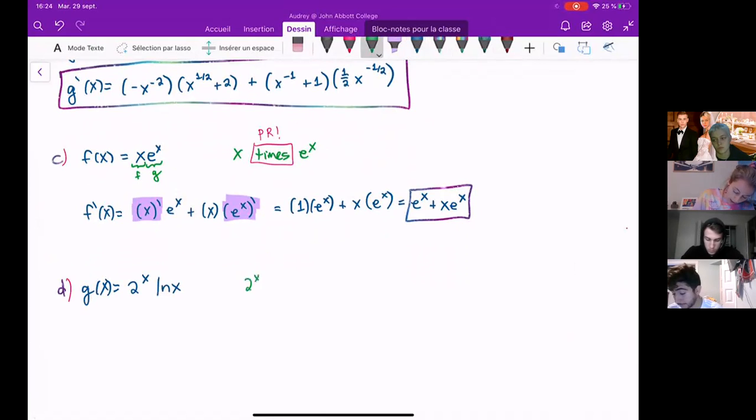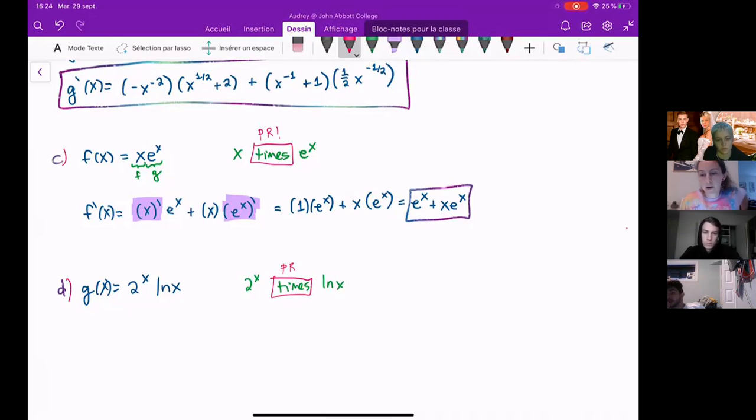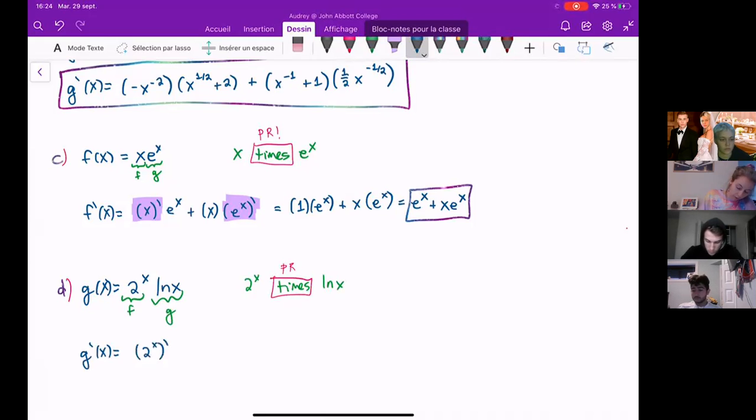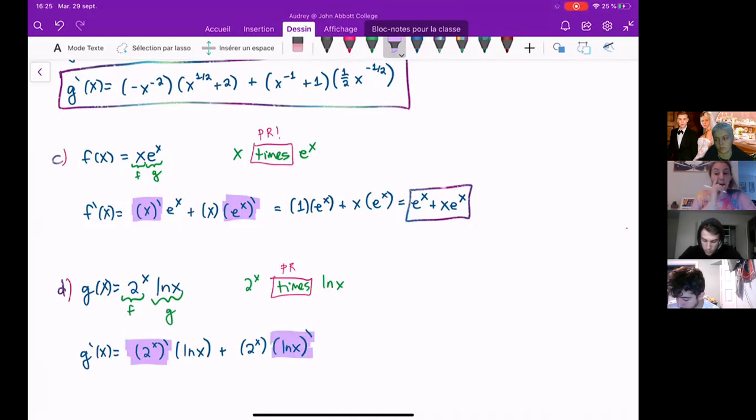Again, the fact that I can put that word there is a clue that the product rule is a good plan. So I identify my f, and I identify my g, and I just immediately plug it in to the formula for the product rule. So the derivative of the first times the second plus the first times the derivative of the second. And those primes are placeholders for derivatives that I still have to take.